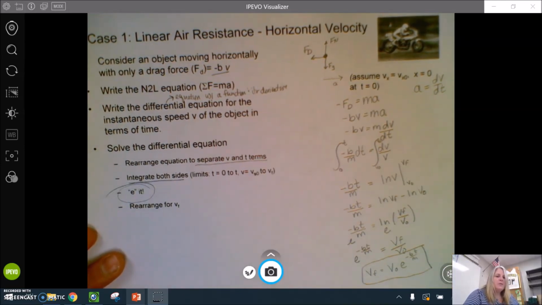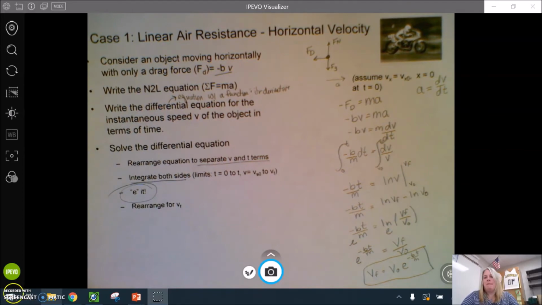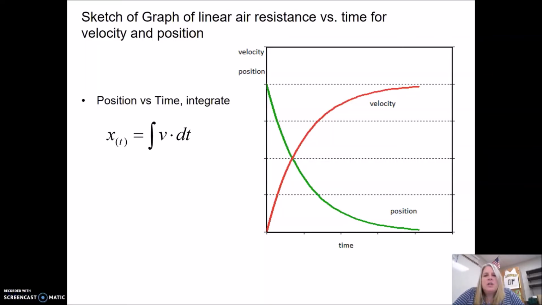Woo! Wasn't that fun? So now that we have our velocity equation, if we wanted position, we'd just take an integral of that velocity function. Don't worry, I'm not going to ask you to do that. But let's just take a look at graphically what that would mean. For our velocity equation we just derived, we saw that it was an exponential decrease.